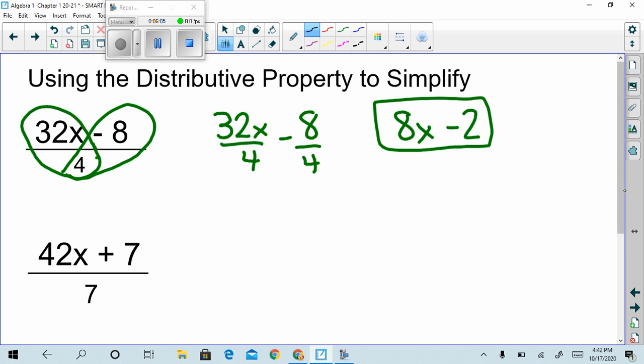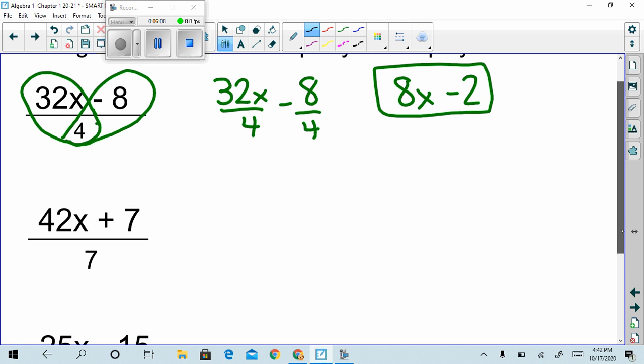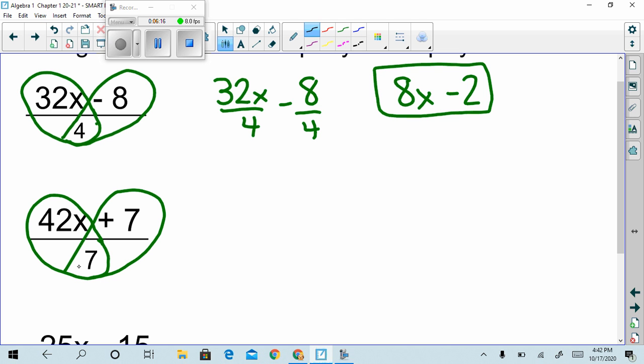Again, I think of this like a distribution because it's sharing, and it can go across, and I do not have to rewrite it, but in these first two problems I will. It's the same as if I took the first part of the expression and divided, and I took the second part and divided. Well, 42x divided by 7 will give me 6x, and 7 divided by 7 yields 1.